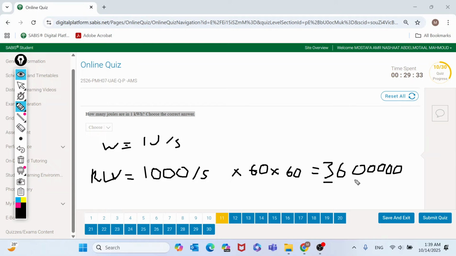So this is how much it is. So 3.6 megajoules. You divide by a million, so you divide by 10 to the power of 6. Yeah, it's going to be 3.6 megajoules.